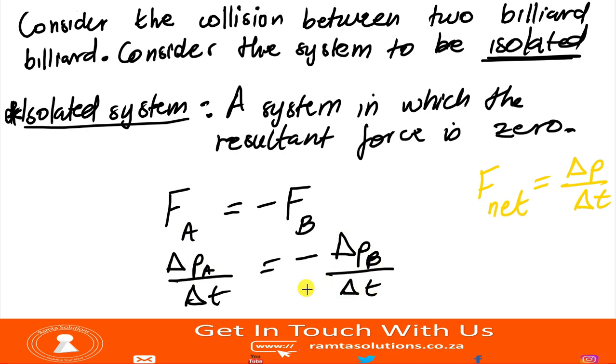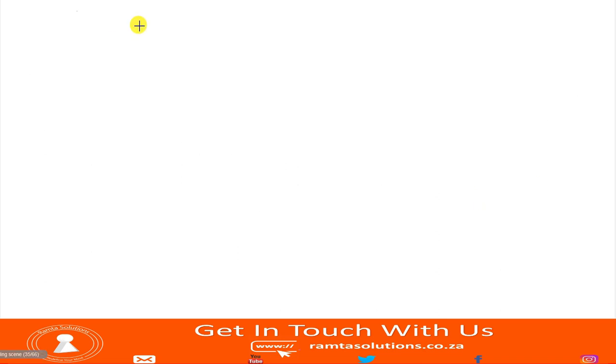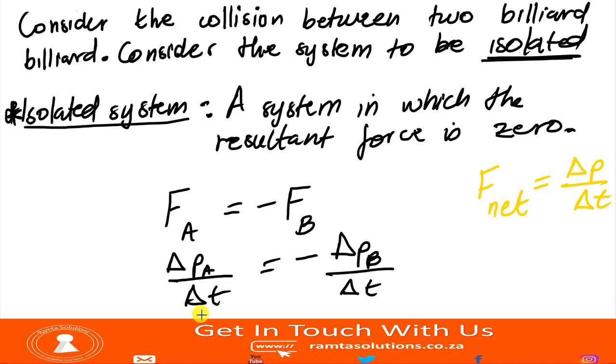In other words, this is Newton's second law of motion. We are using it now. Now that we have used it, let's proceed. As you can see here, we can now cancel the times.